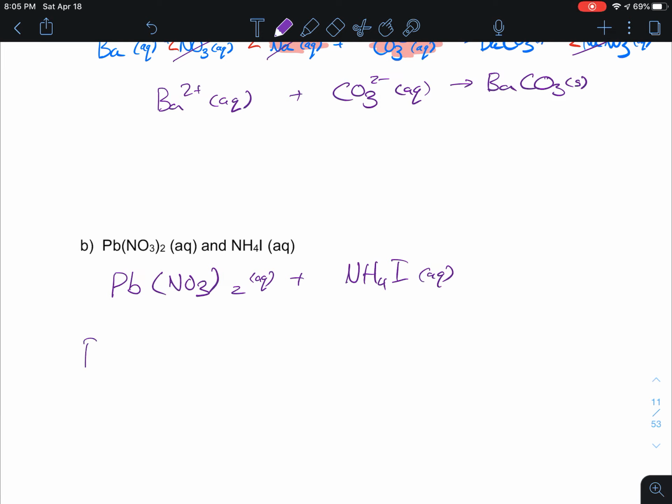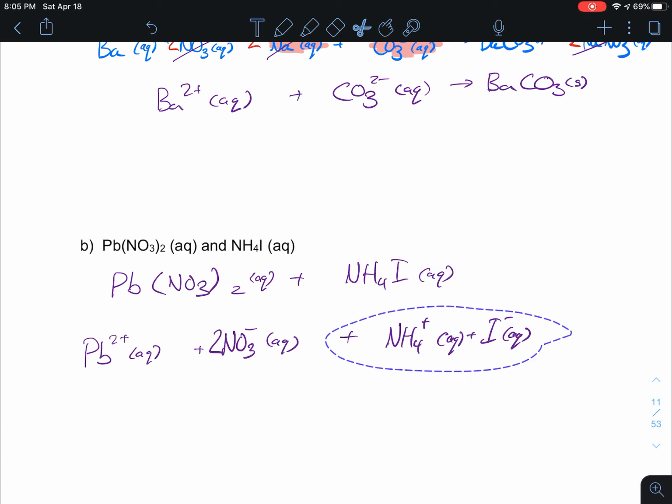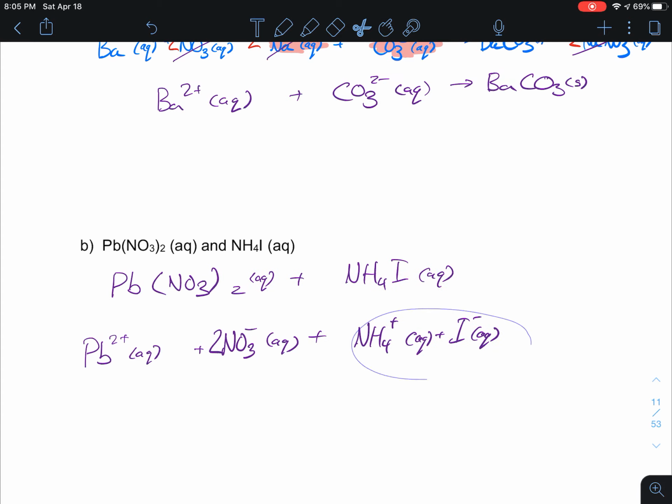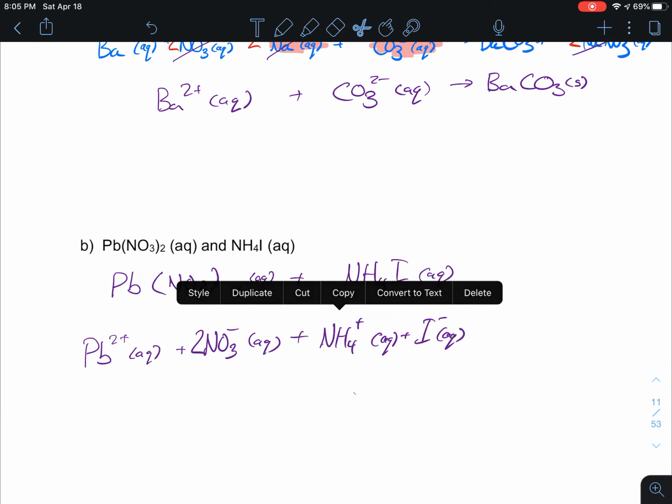So that means that we are having lead 2+ aqueous plus a nitrate aqueous, and there's 2 of them, plus an ammonium NH4+ aqueous plus an iodide aqueous. That might even smell a little bit because of that ammonium ion.